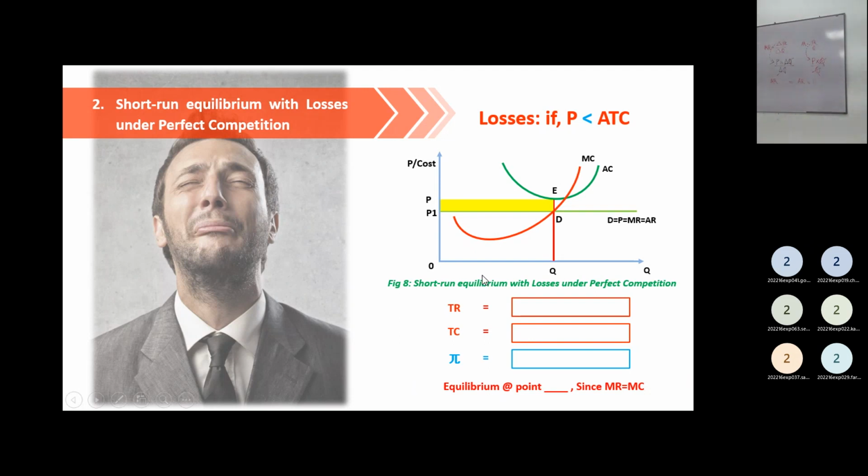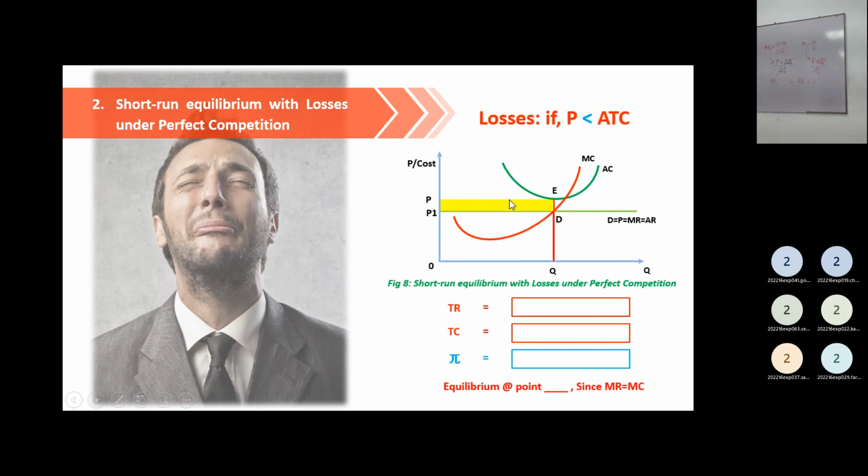Then if we go again above, we are going to meet which curve? The average cost curve. So this is the average cost to produce this much output. Once you multiply your average cost by its corresponding output level, you get your total cost.